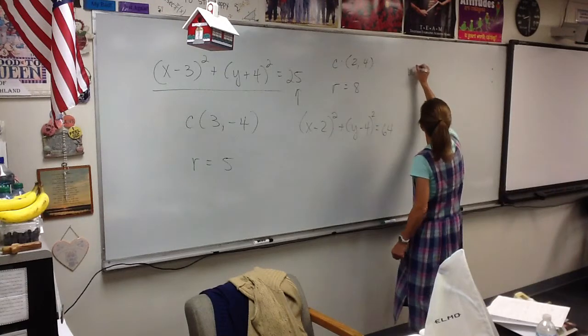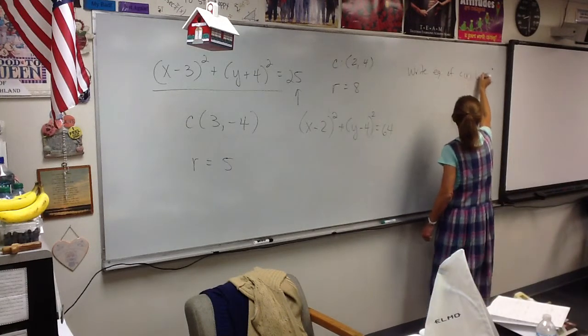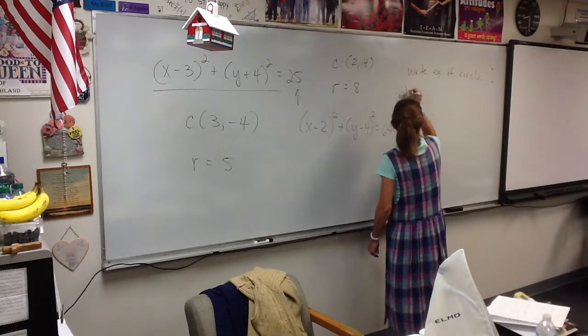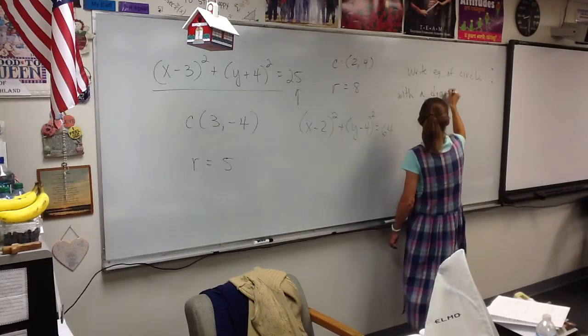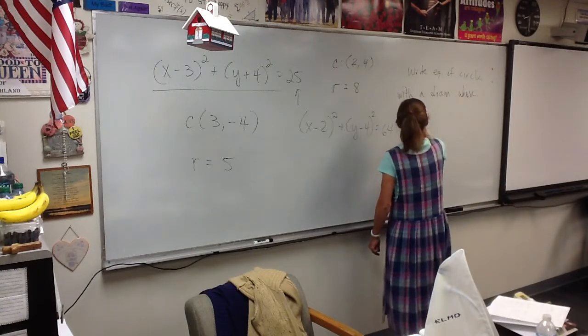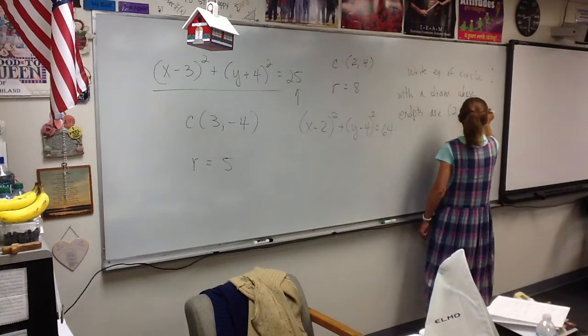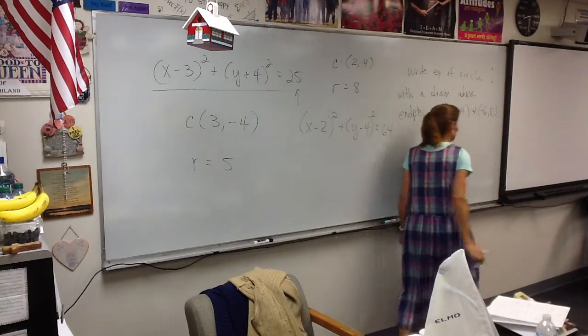Let's suppose the question says this. Write the equation of the circle with a diameter whose endpoints are 2, 4 and negative 6, 8.